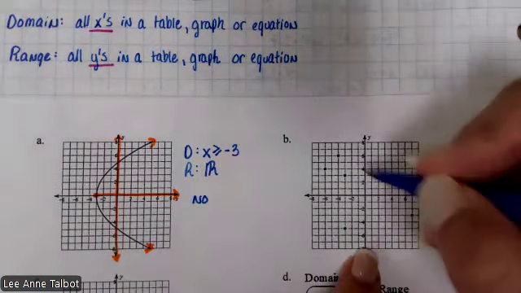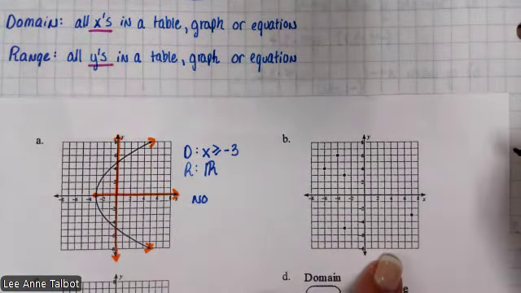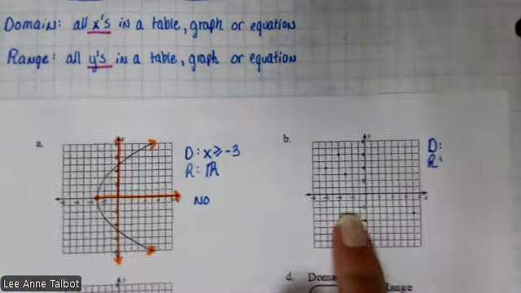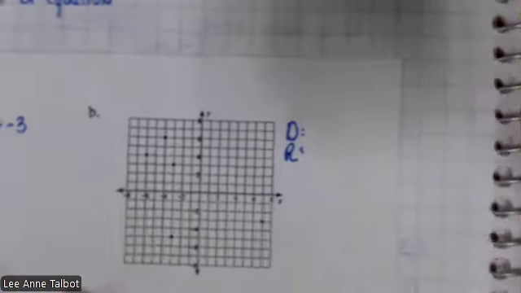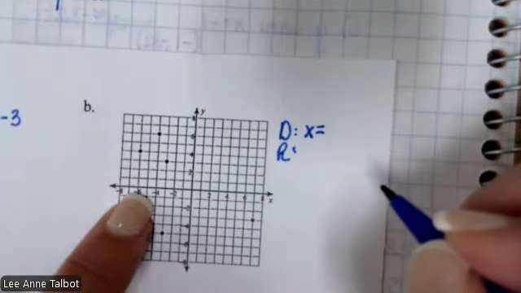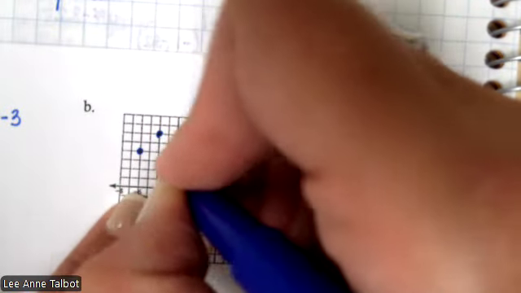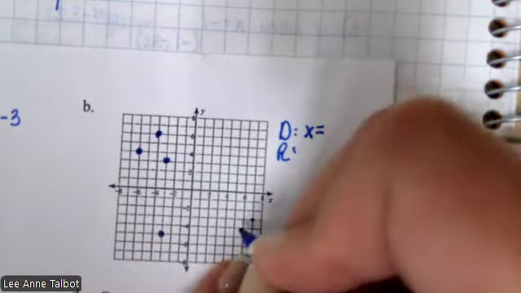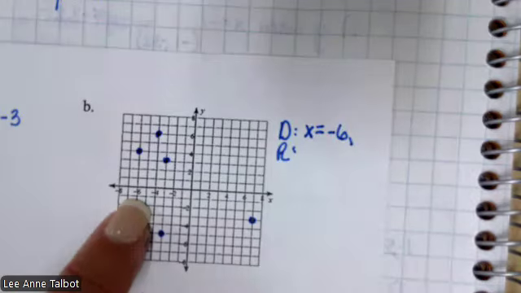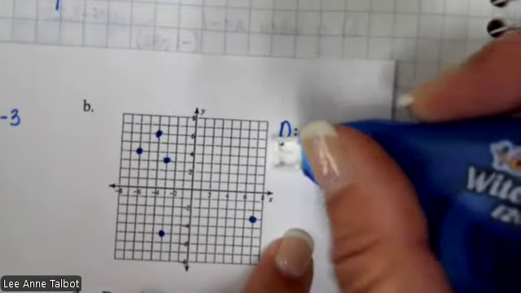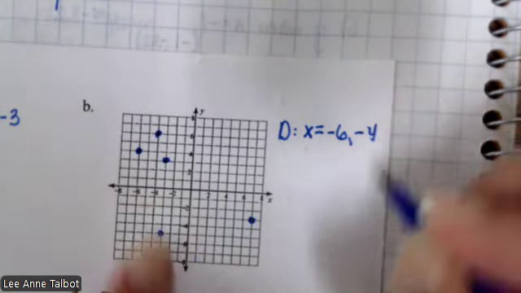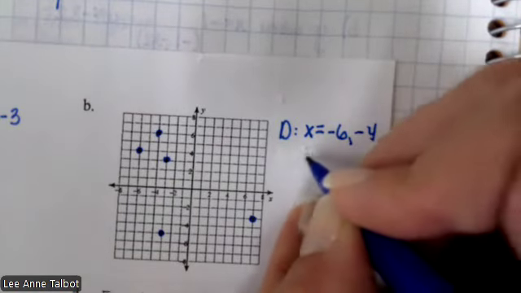Okay, now B. Do you guys see that these are just points? So these are easier. You don't need to actually draw on the picture when it's just points. You just list the x's. So x equals, okay, I'm going over here to the very left one. Just going to darken these points in so you can see them better. -6, -4, and -3.